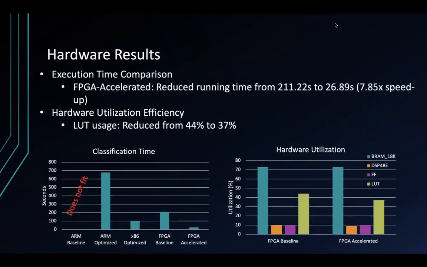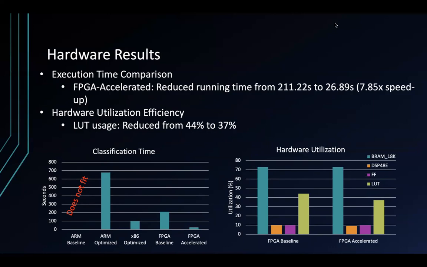As a result, our team has effectively accelerated image classification on FPGA by optimizing our setup. We reduced the execution time from 211 seconds on the FPGA baseline to under 27 seconds, achieving a 7.85 times speedup.